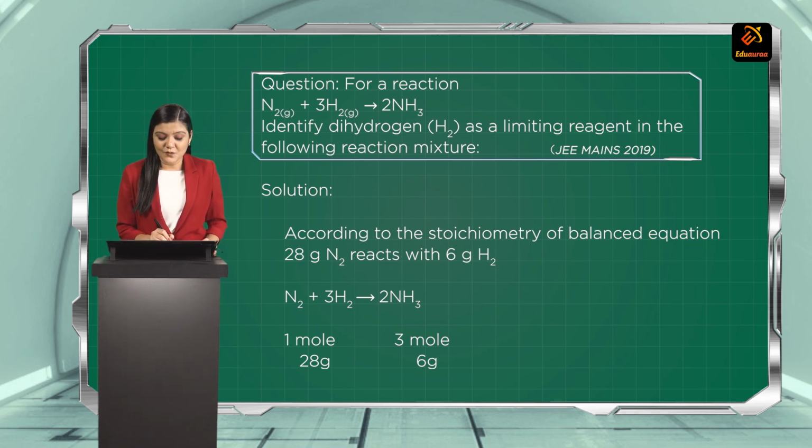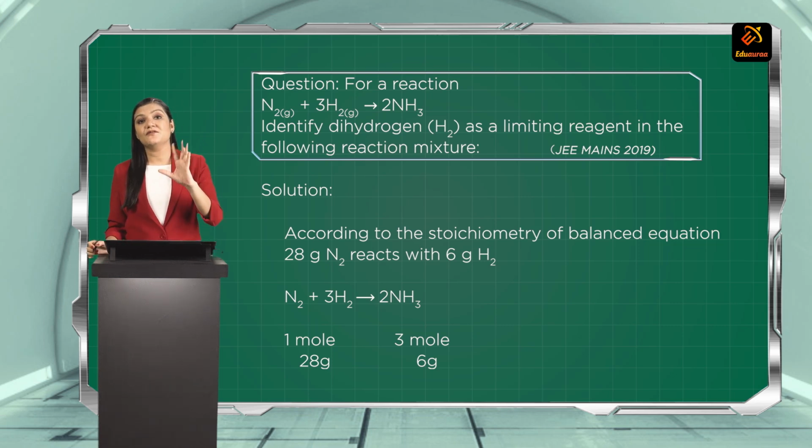And 1 mole of nitrogen is reacting with 3 moles of hydrogen. Therefore, we can say that 28 gram of nitrogen is reacting with 6 gram of hydrogen.